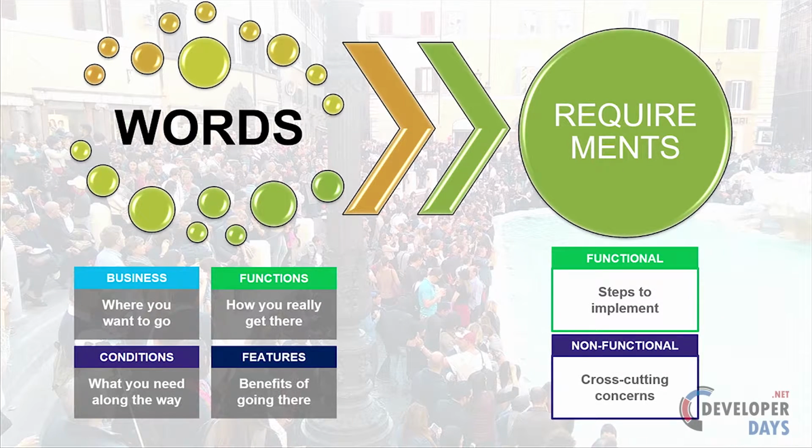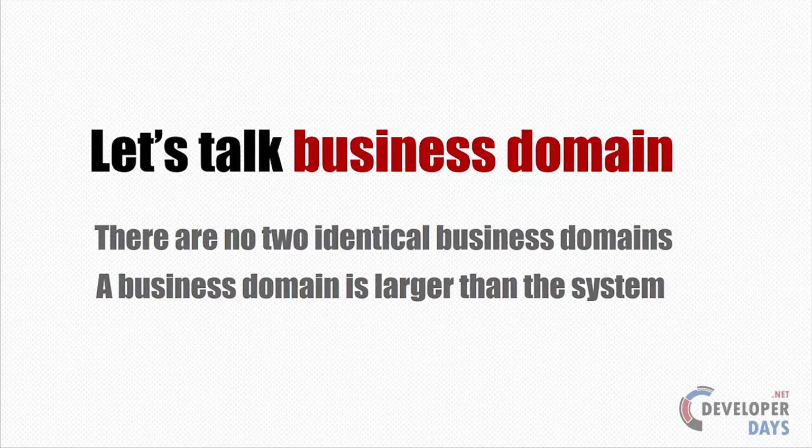So, business functions, conditions, and features are all words we have to turn into two categories of specifications: the well-known functional and non-functional specifications, where the functional specifications are indicated as steps to implement and cross-cutting concerns, so things we should be worried about around the system when we implement functions.